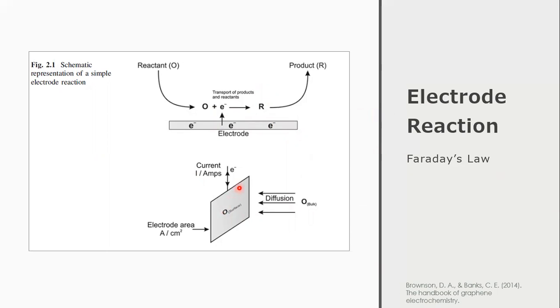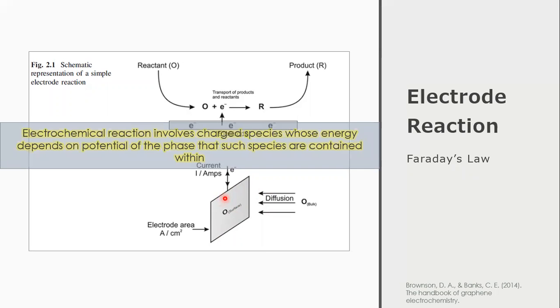An important parameter to consider is the area and geometry of the electrode you're using as a working electrode to apply potential and probe the chemical species present in your cell. These involve charged species whose energy depends on the potential of the phase they are contained within. The phase is the aqueous phase, which normally contains the probe species meant to carry current.